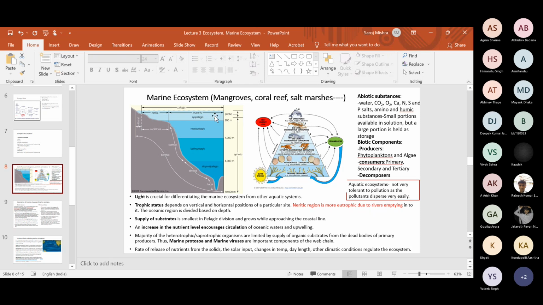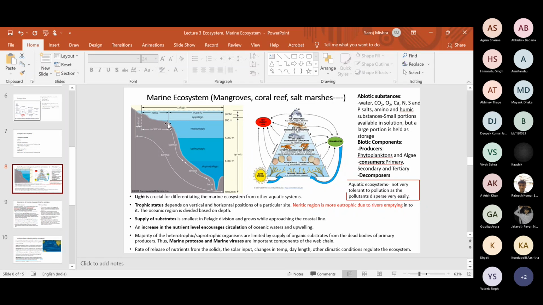Why? Because you can have algae, you can have photosynthetic bacteria, because in any ecosystem there has to be a producer. So let's say it is a continental ecosystem, very close to the continent or the land mass. It's not a deep sea.